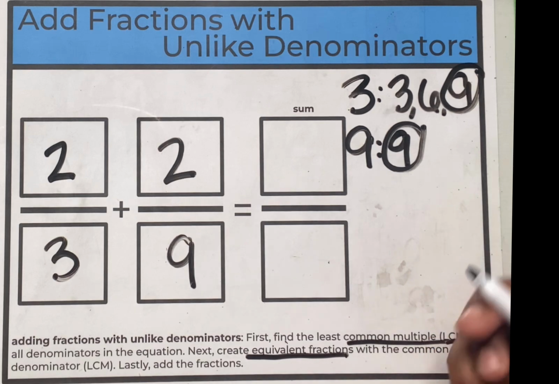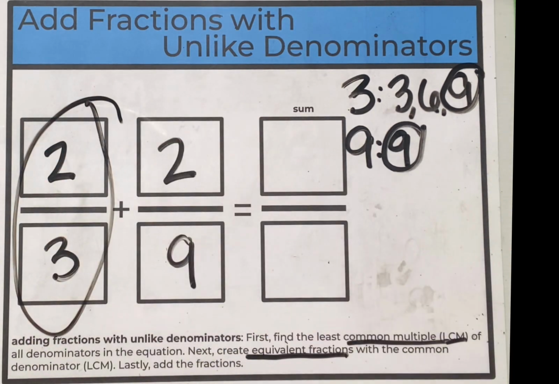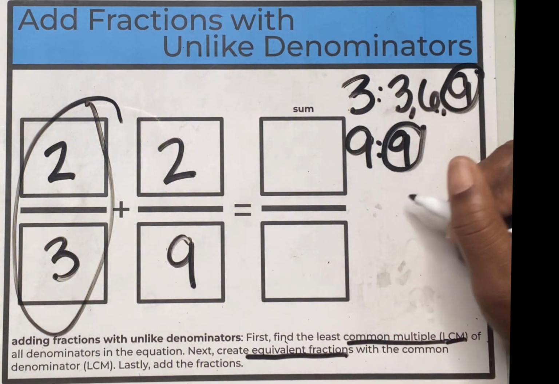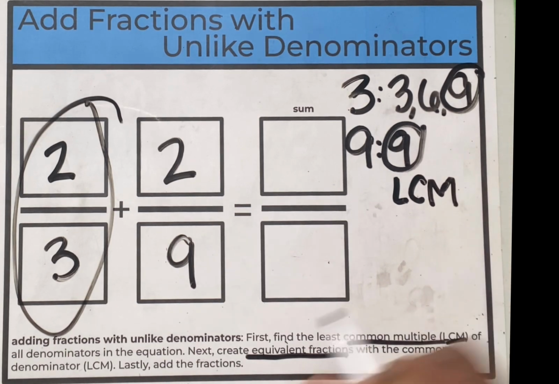Hopefully you said 2/3. Excellent. Do we have 9 parts here? No. Okay, we said that our equivalent fraction is going to have 9 pieces. We only have thirds here. So let's generate an equivalent for 2/3 that will cause us to have 9 as our denominator.